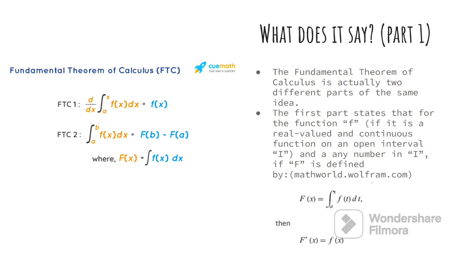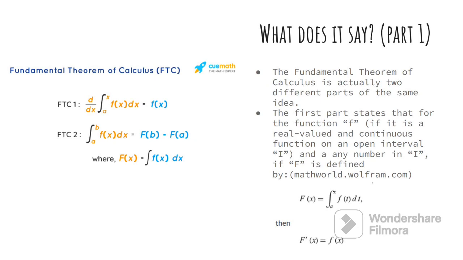Basically, this states that the function f takes the value from a to x, and you evaluate it with the function f of t and the derivative dt, and you'll get all that. This also states that the derivative of x is equal to this function f of x here. So that was part one.